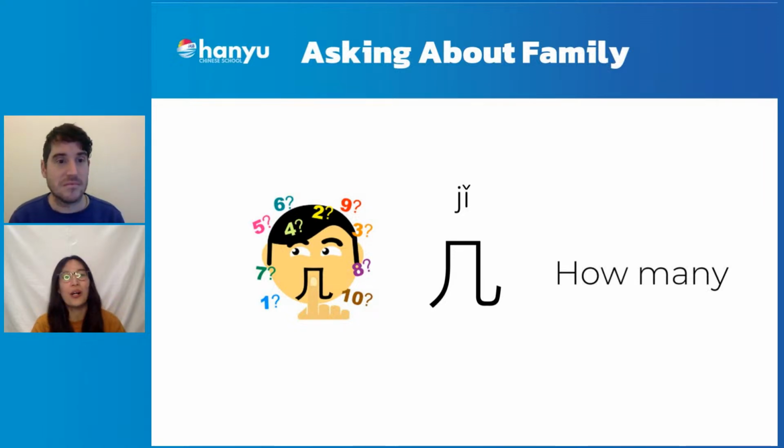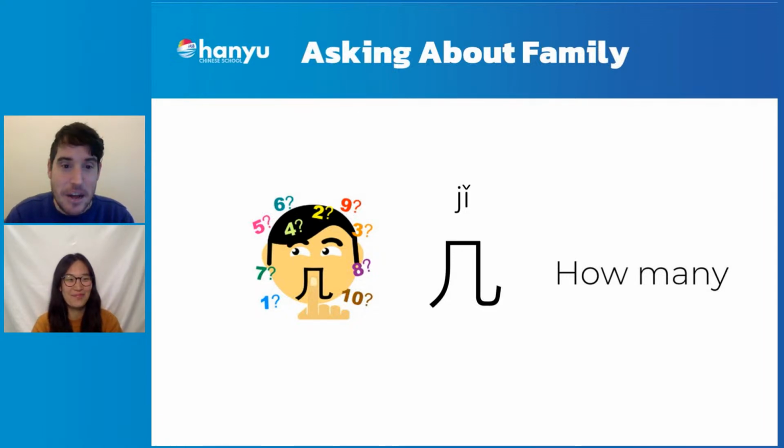So 几. Very good. So 几 is for numbers less than 10. The problem is that sometimes we don't know. So if we don't know how many people or how many objects you are asking about, just use 几. They're not very strict about it. So 几, how many?